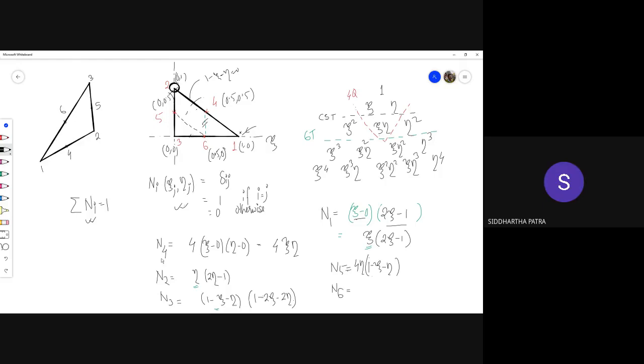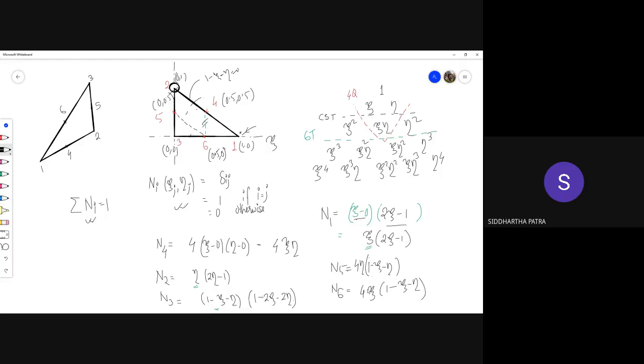If you notice one thing, that N4, N5 and N6, I mean I can straight away write N6 as xi times 1 minus xi minus eta.